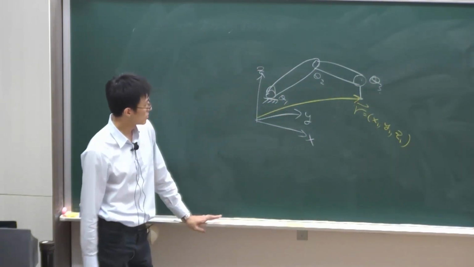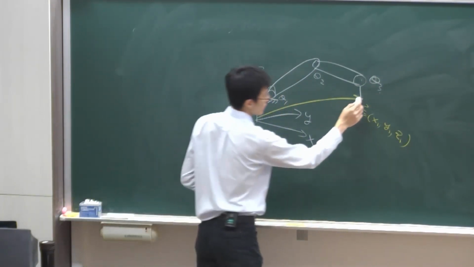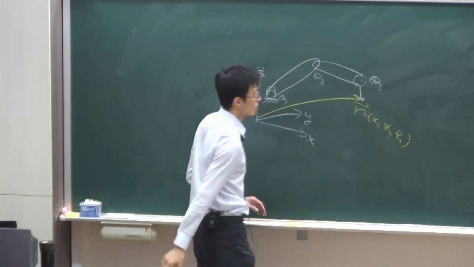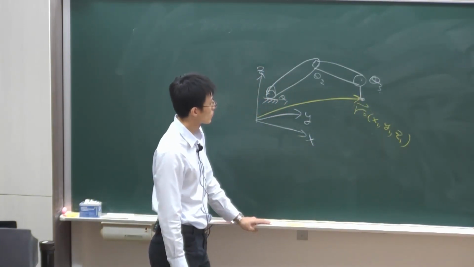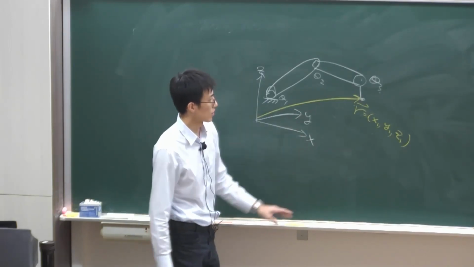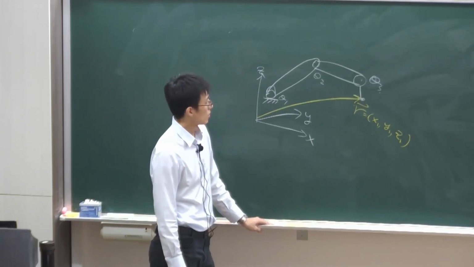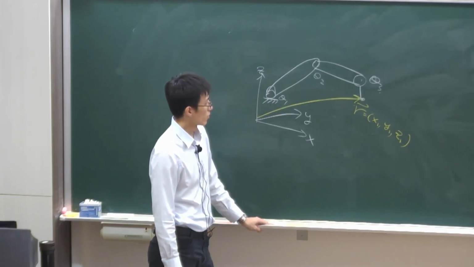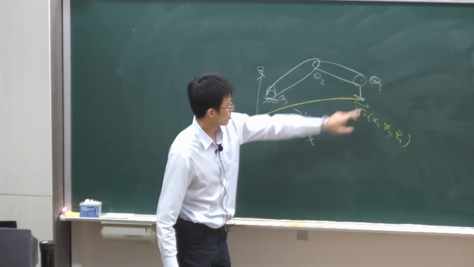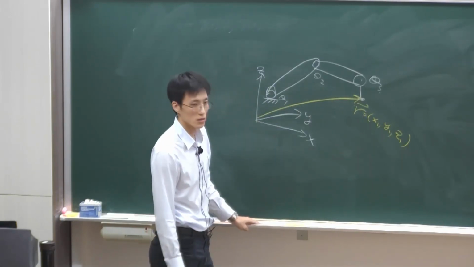So task space. Here is the end effector. The end effector can be used to pick up some payload or do whatever you want it to do. So the position of this end effector matters.